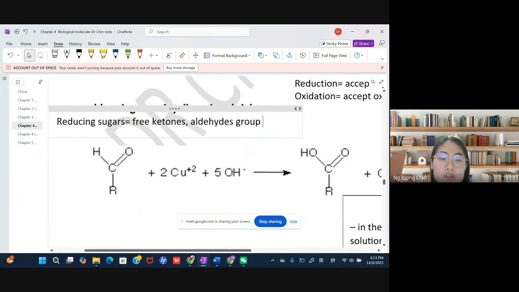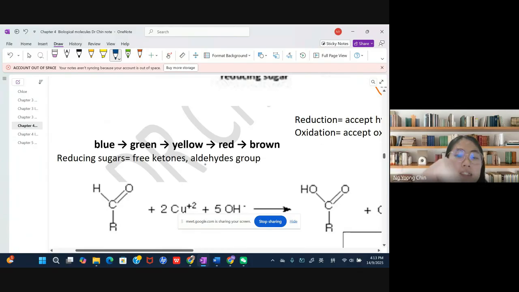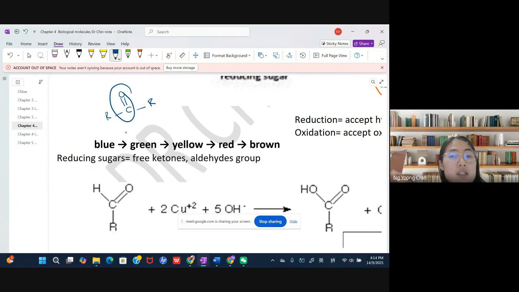Just know that ketone is just to describe the groups. If you see any molecule like this, that means it's ketone.